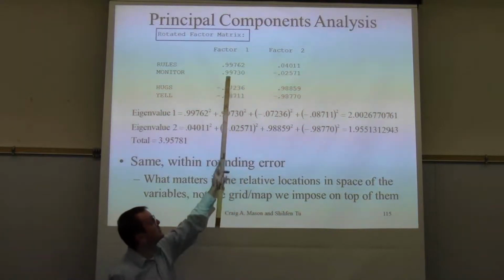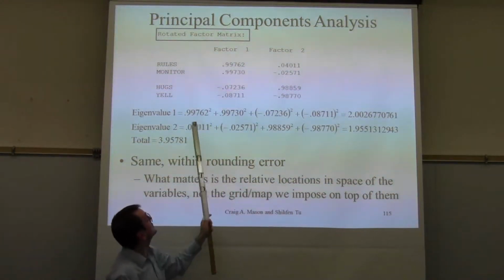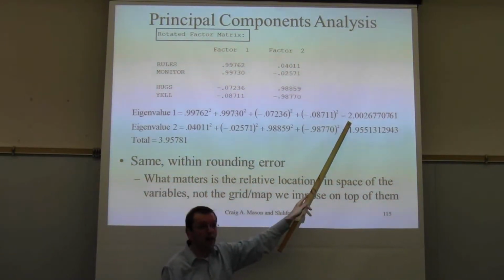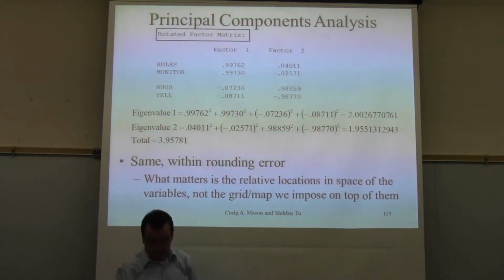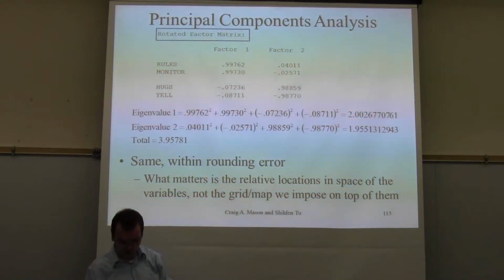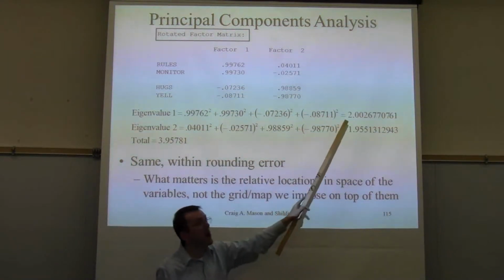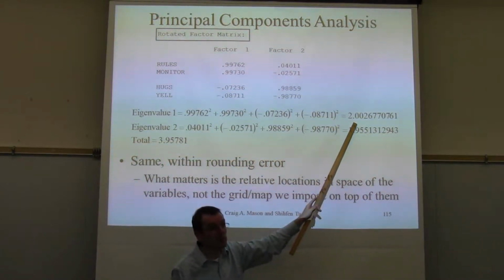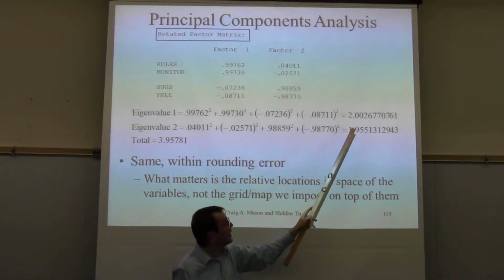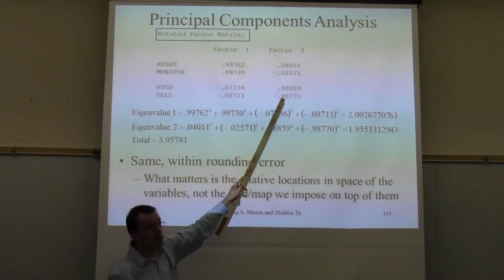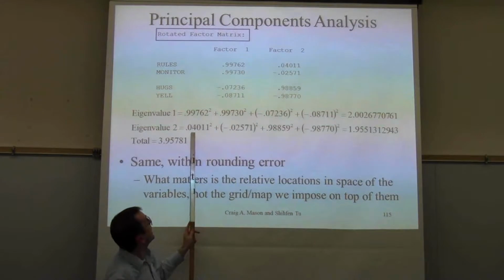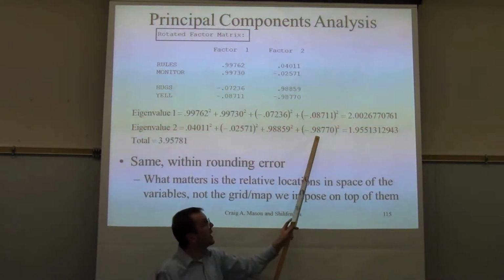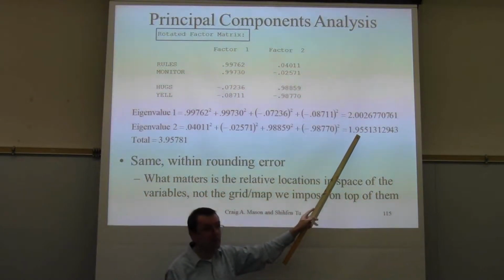Here's the rotated solution. So I square them, add them up. The eigenvalue for factor 1 was 2.01. It's dropped. Now it's 2.00. It went down a bit. What about factor 2? I square 0.4, square 0.2, square 0.98, square negative 0.98, add them all up, I get 1.95.